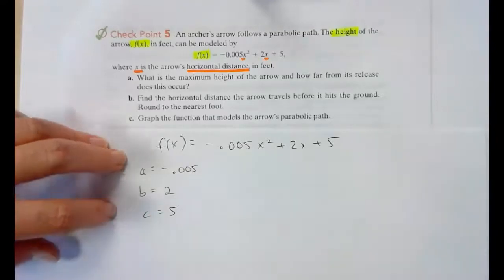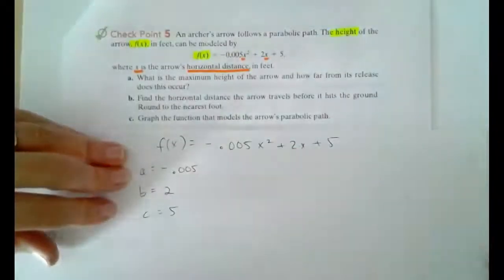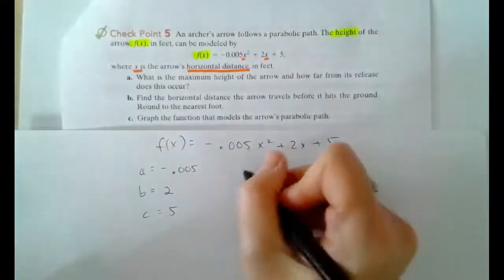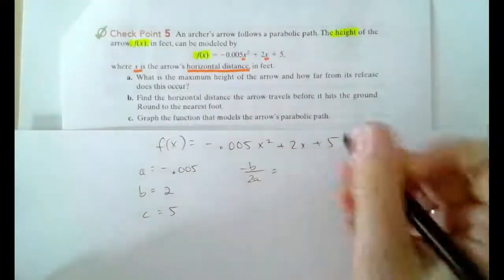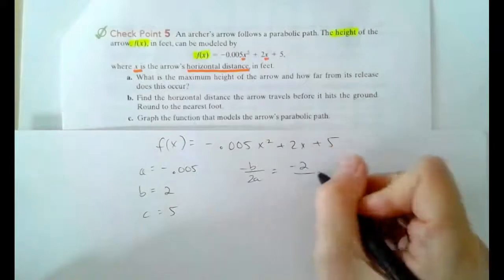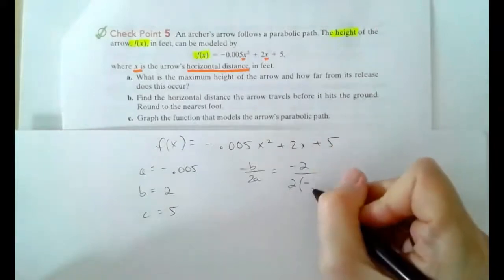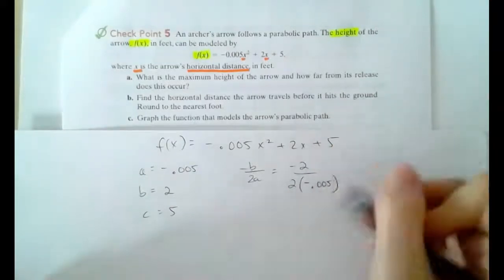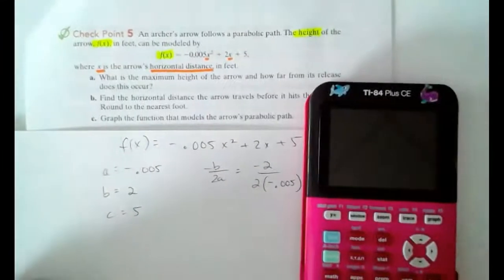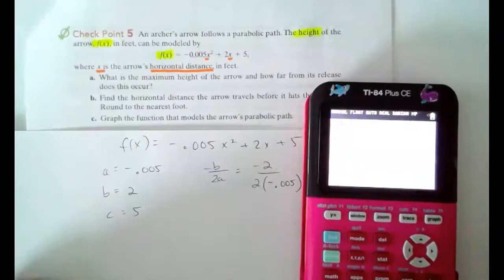Now, we could use the vertex formula. Let's do that, and let's find the vertex. So, opposite of B over 2A is negative 2 over 2 times negative 0.005. This is a good time to utilize our tool, the calculator, and find what we're looking for. Trying to get to the right screen. There we go.